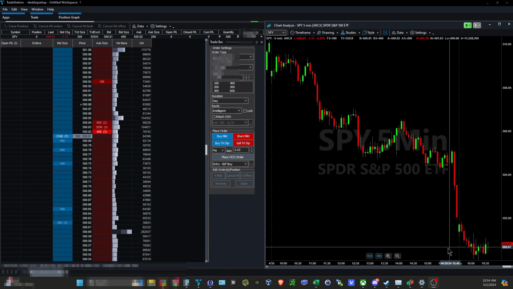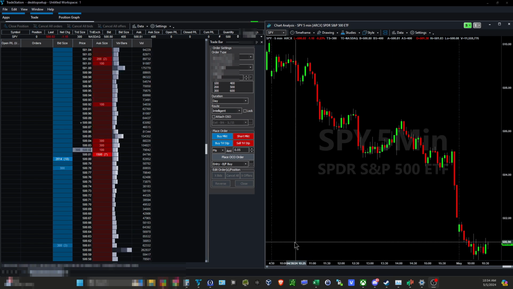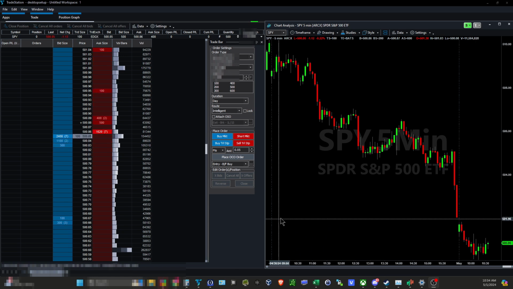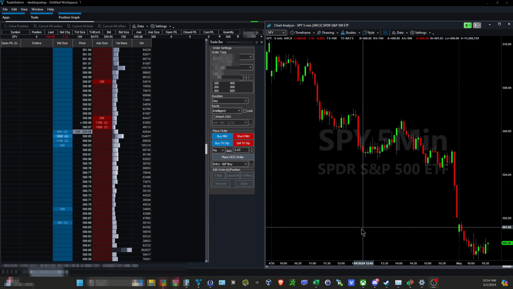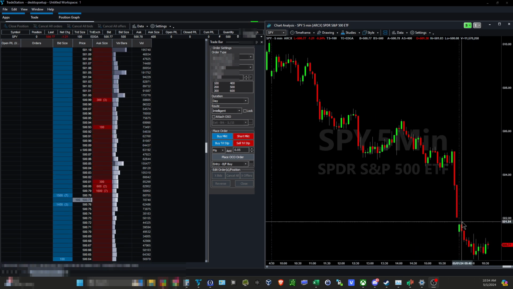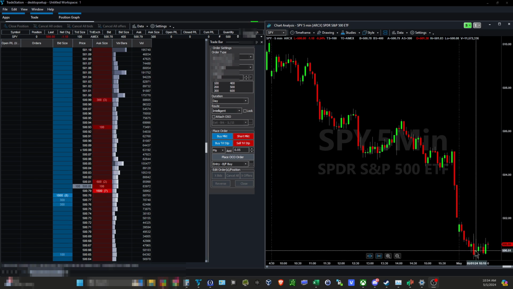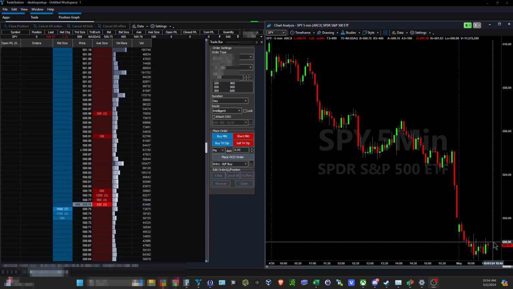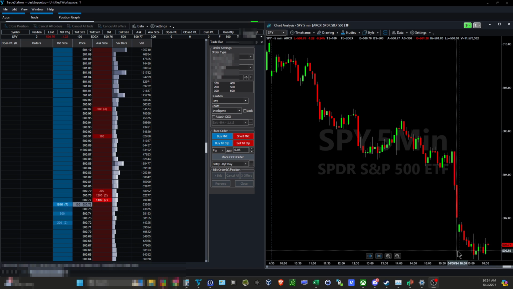So let me first give a few examples here. We're going to start with an example of, we're just going to look at the market. So the market looks like shit. We have an open here. We have a couple red candles bring us down to 500 level, it looks like. Yep, 500 level. We couldn't pierce the 500 level.